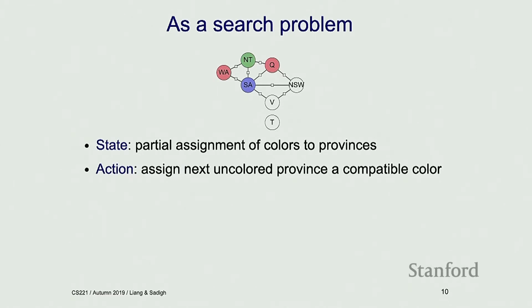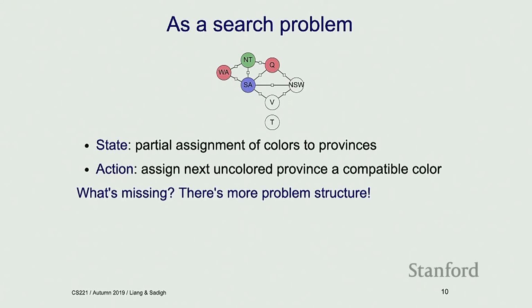So I can perfectly think of this problem as a state-based model, using this particular state and action. But the thing is, there is more structure to the problem. The structure in this particular case comes from the fact that, again, ordering doesn't matter. Variable ordering does not really affect correctness here. It's just a bunch of constraints, and it doesn't matter in what order I'm satisfying those constraints.